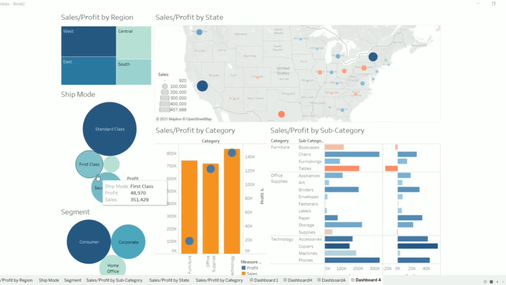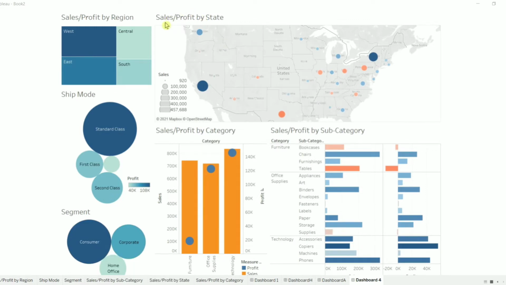This graph clearly shows that Standard Class has the highest amount of sales, which is 1,358,000, and profit of 164,000, followed by Second Class, First Class, and Same Day. Moving to the segment, Consumer makes the highest amount of sales, which is 1,161,000, and profit of about 134,000, followed by Corporate and Home Office.